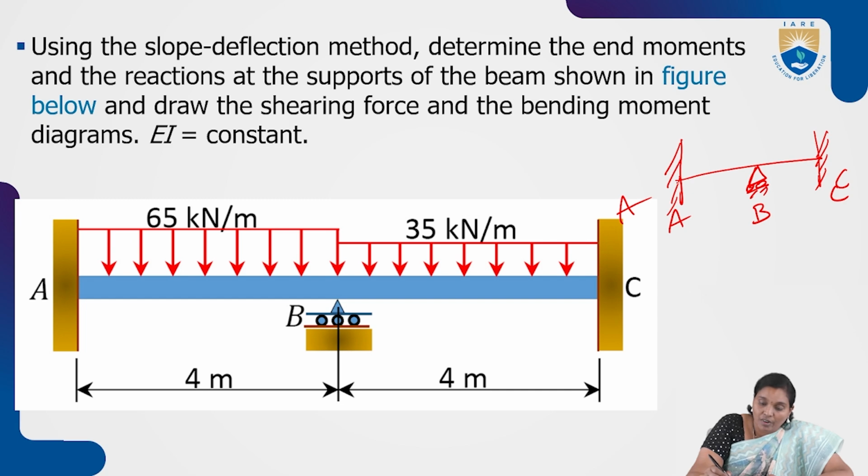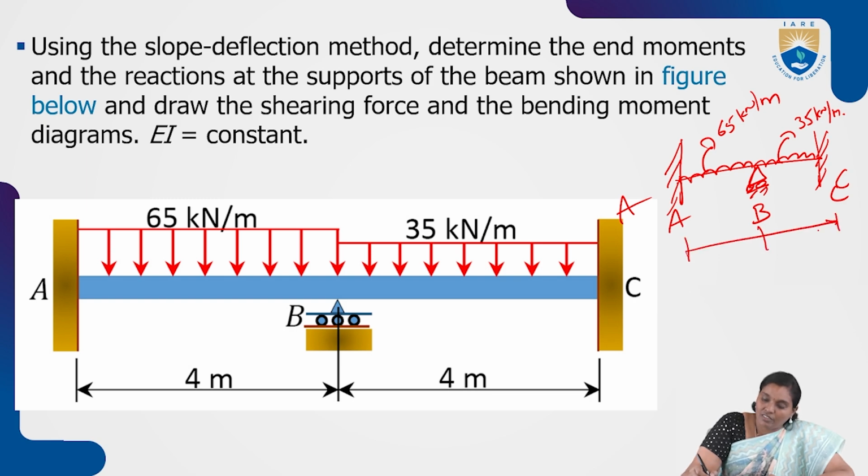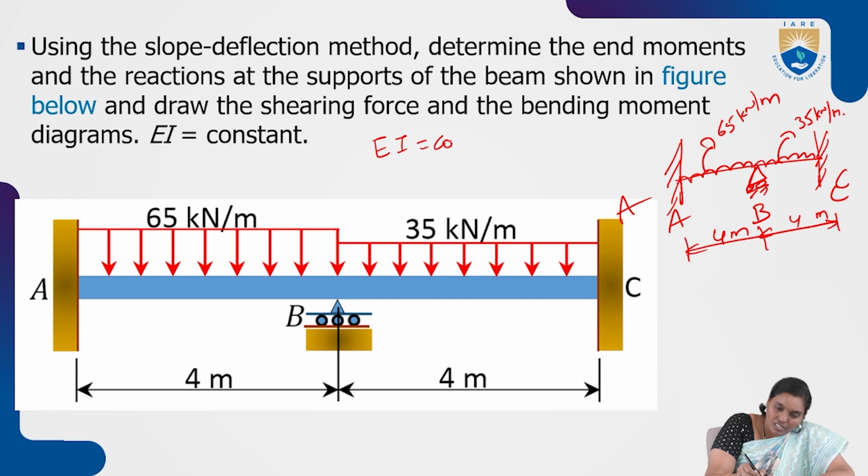From A to B, the loading condition is different, that is 65 kilonewton per meter, and from B to C, it is 35 kilonewton per meter. Each span has the same length, from A to B and B to C, equal to 4 meters. Also the flexural rigidity EI is constant throughout the element.